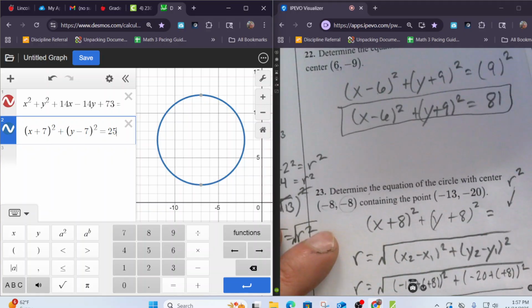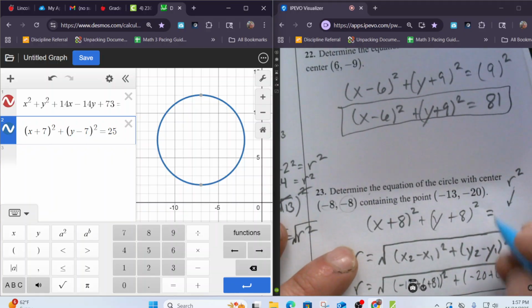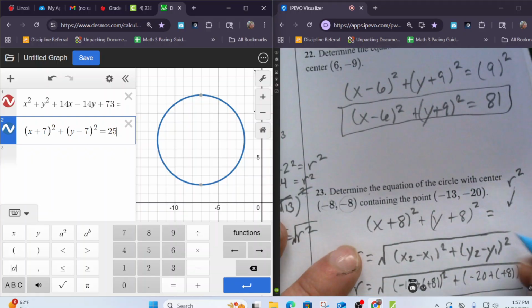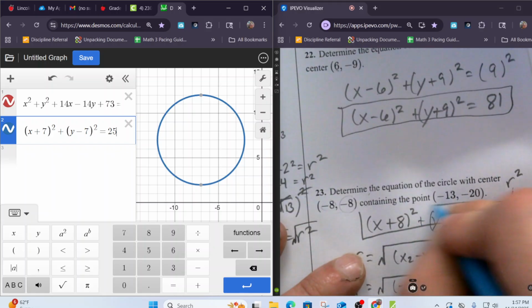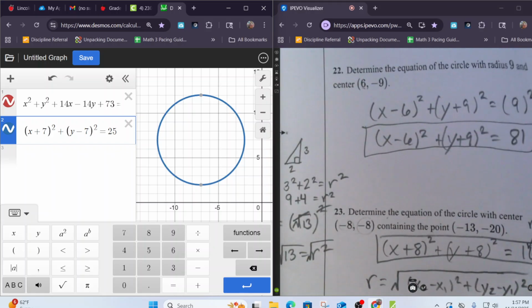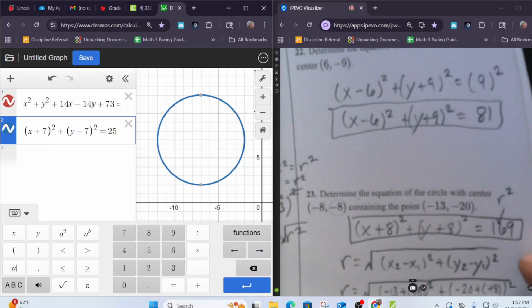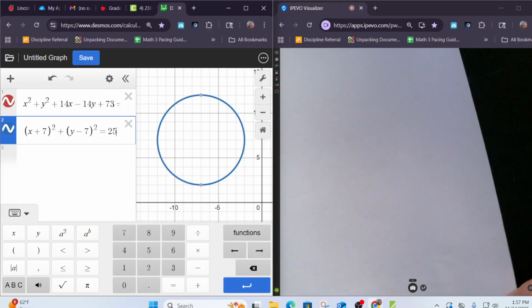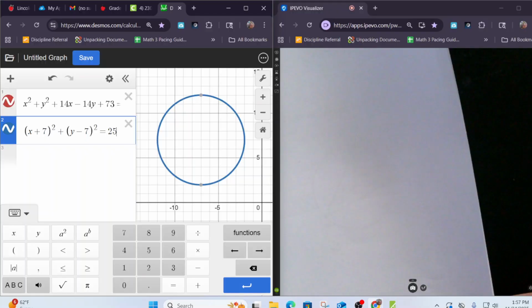Now the radius, that's actually a perfect square. It's 13. So for the equation, remember it's r squared. If I square both sides, the number that goes here is 169. I think that's it.